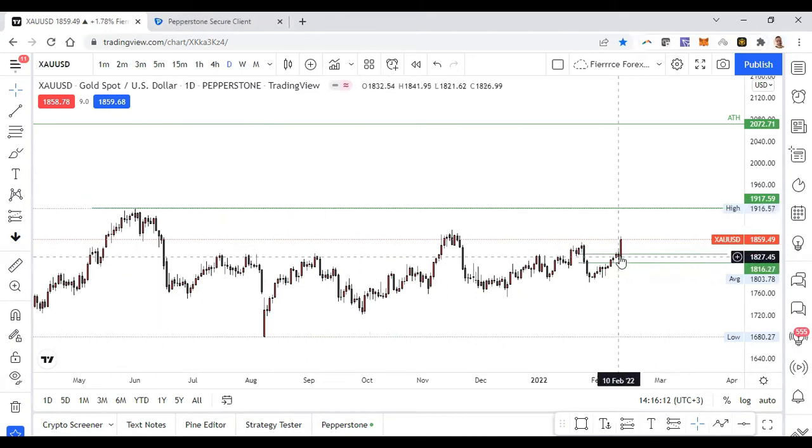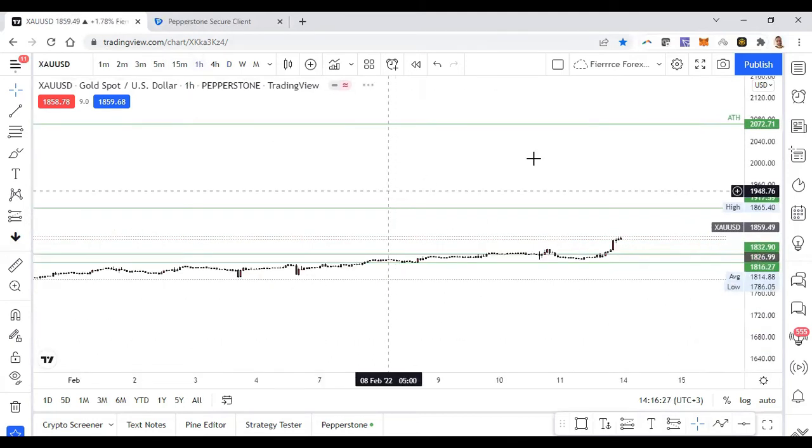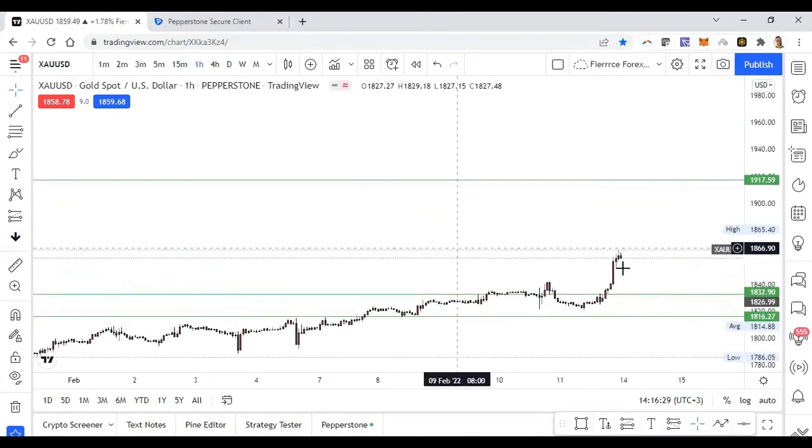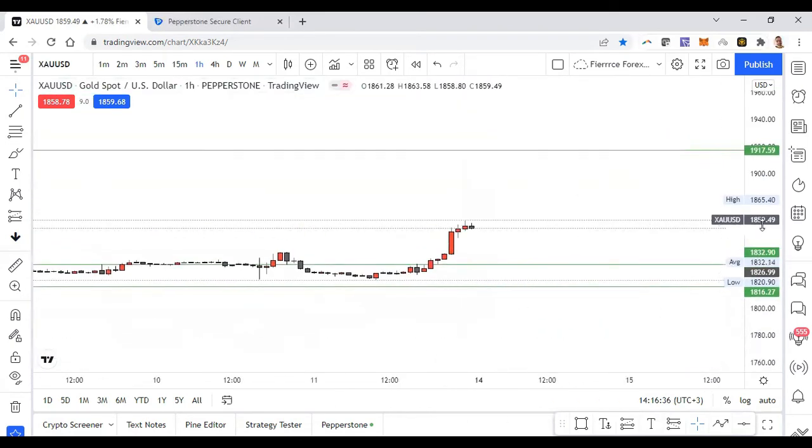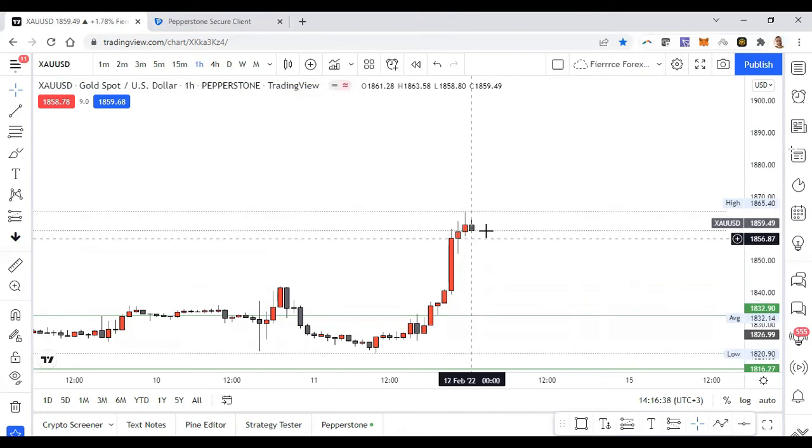Okay, so whether we race for that target directly, or we retrace and come back lower to 1838 before we continue, those are the scenarios. But I'm bullish on gold generally, long term, and I think even shorter term. We can see this very strong rally on the 1 hour to the upside, and we're beginning to see price try to taper out. So it'll really depend on how the market opens.